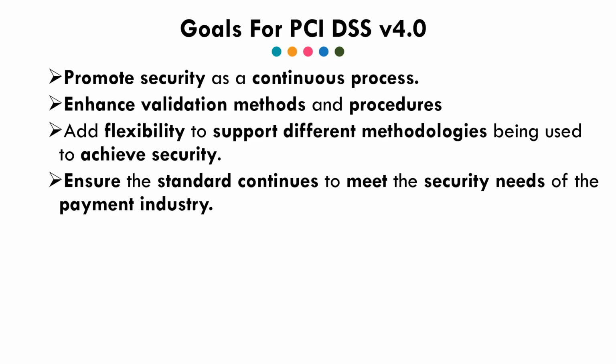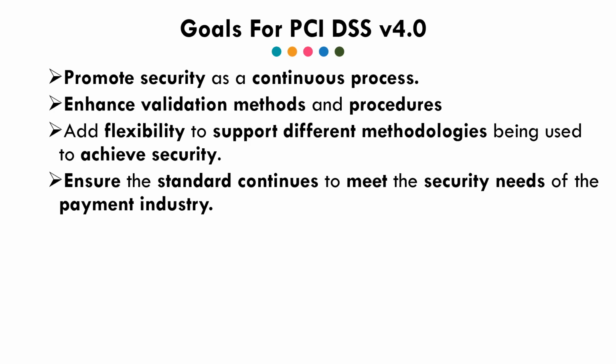So the next goal is to enhance validation methods and procedures. Now we will get more into that as we look at the specific changes from version 3.2 to version 4.0, right? And the next is to add flexibility to support different methodologies being used to achieve security. We will talk about that as we move along.